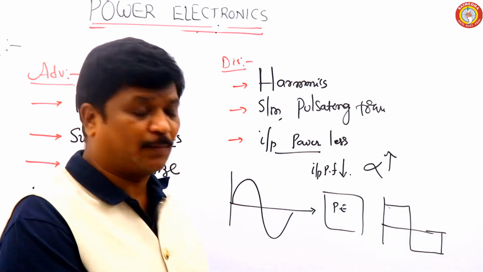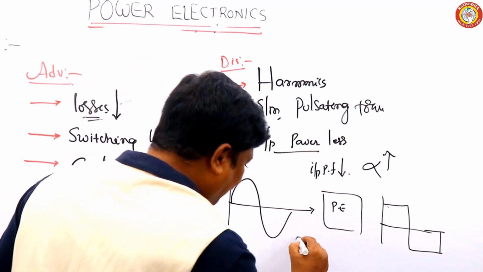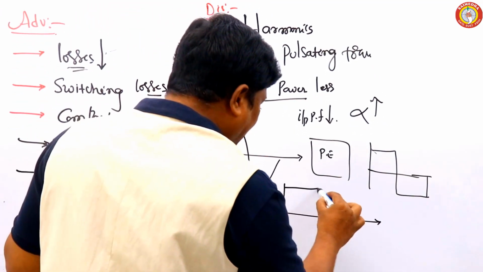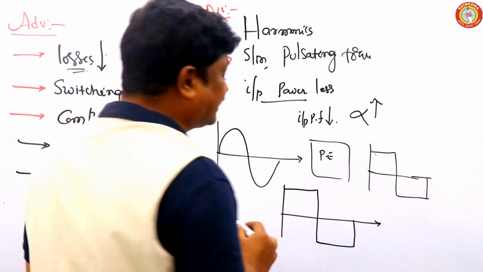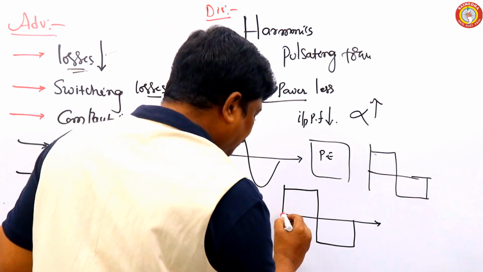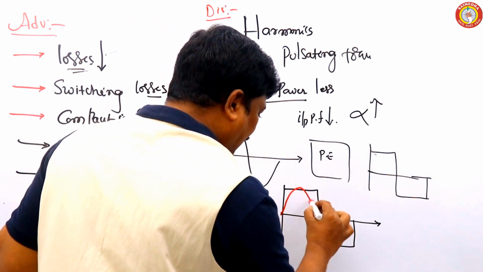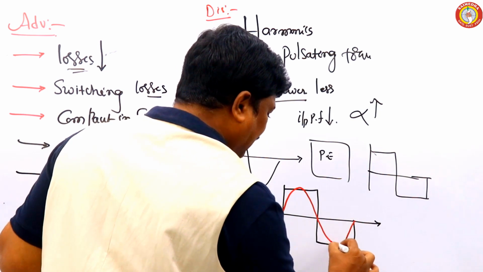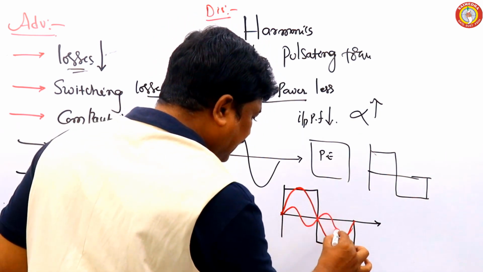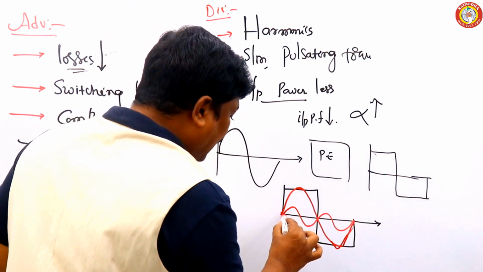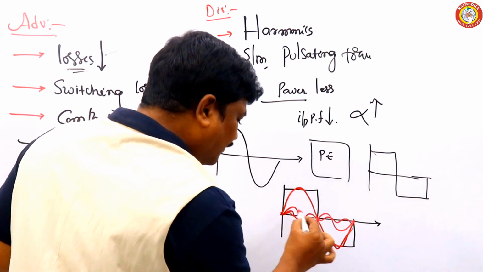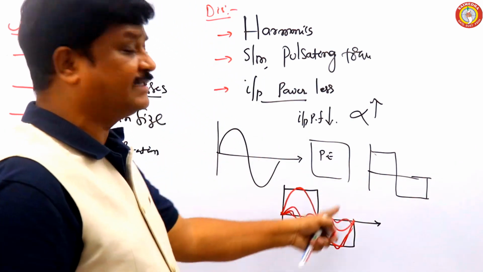For example, if you take a square wave, what happens in the square wave is that it consists of a DC signal as well as the fundamental component like this, and the second harmonic is like this, the third harmonic like this, the fourth harmonic, fifth harmonic, sixth, all of these are present.